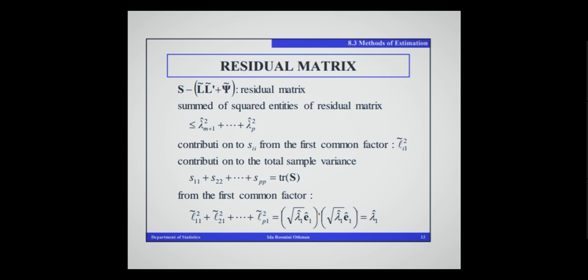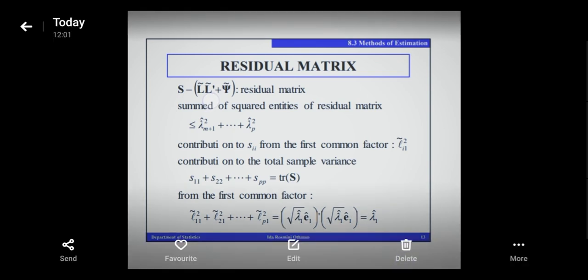Kenapa kita kena cari residual matrix? Because kita nak tengok whether, macam cakap tadi lah, kita nak jawab persoalan whether the number of factor that we select, that we choose, is adequately represent the data or not. So to know that, we need to find the residual matrix.